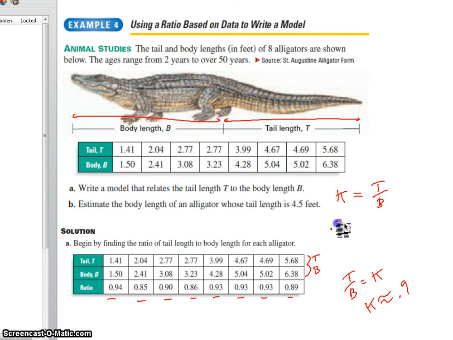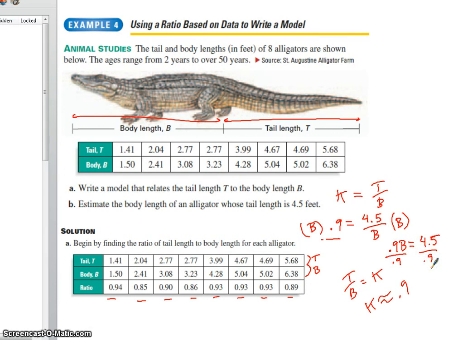So I could go 0.9 equals 4.5 divided by B. Okay, so I could multiply both sides times B, and I get 0.9B is equal to 4.5, and then I can divide by 0.9, and 4.5 divided by 0.9 is, B is about 5.